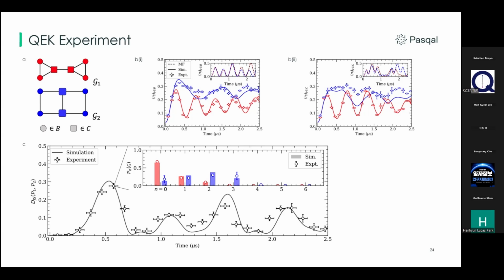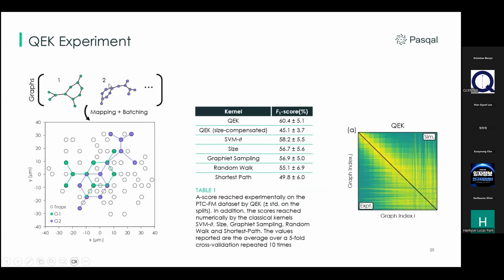So this manifestation is quite visible for these two quite different graph structures, which evolve in quite a separate fashion in time because their structure is quite different.